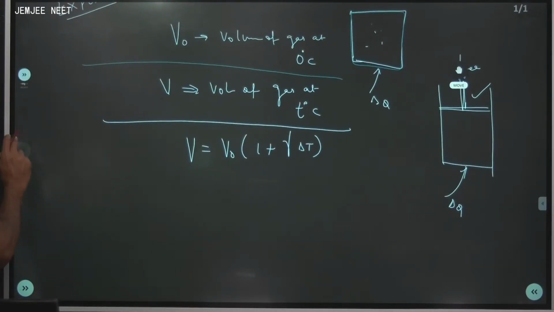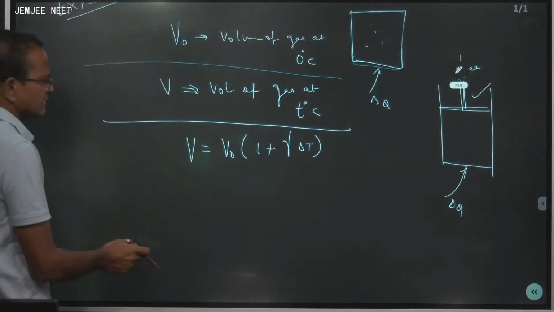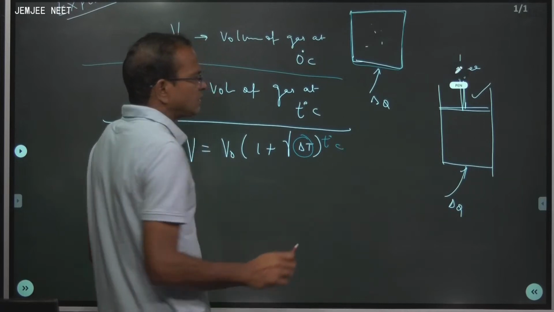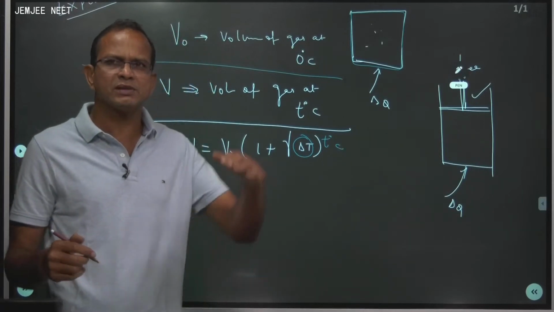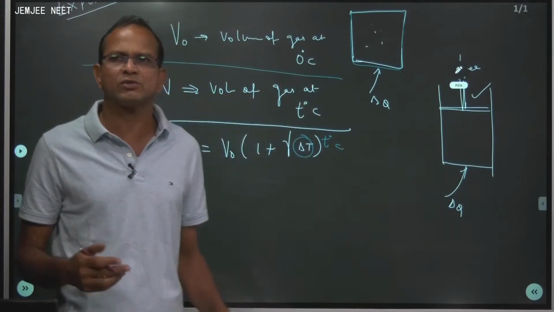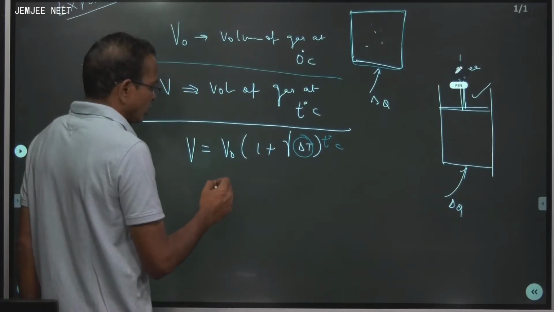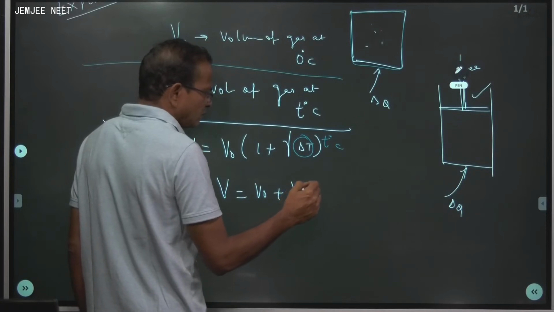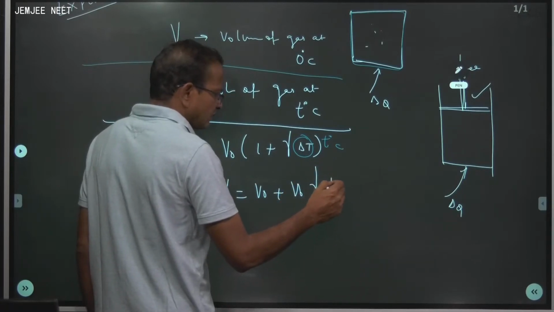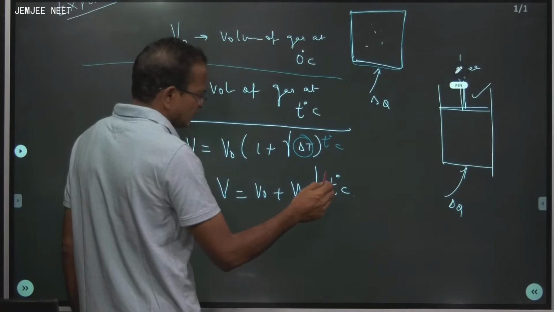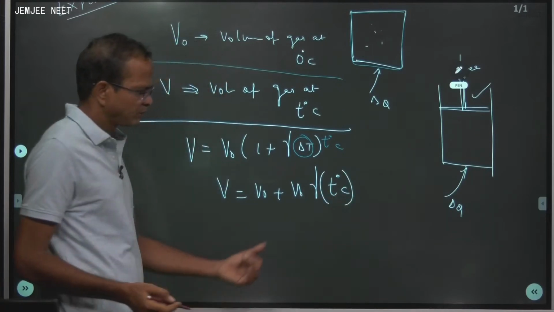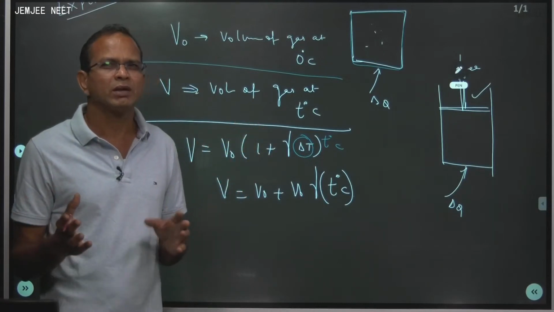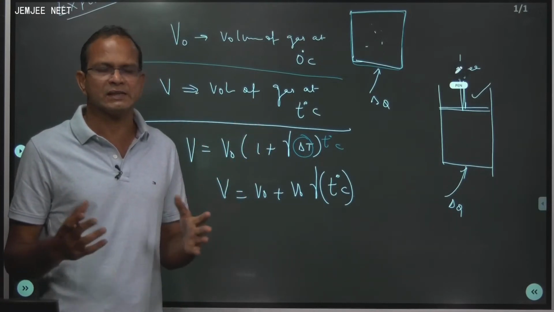Delta T is nothing but T degree Celsius, because you started your experiment at 0 degree Celsius and now you are at T, so the change in temperature is naturally T degree Celsius. So V is equal to V0 plus V0 gamma T. Or you can call it delta T, nothing wrong. That's purely your choice, but preferably as of now we stick to degree Celsius.